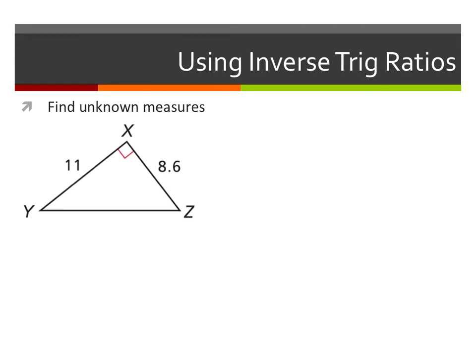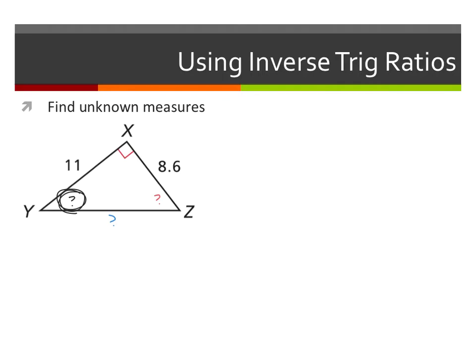Let's do another. Here we have a similar situation as the first example, but here we're missing measure angle y, measure angle z, and the length of the hypotenuse. Let's figure out the measure of angle y first.